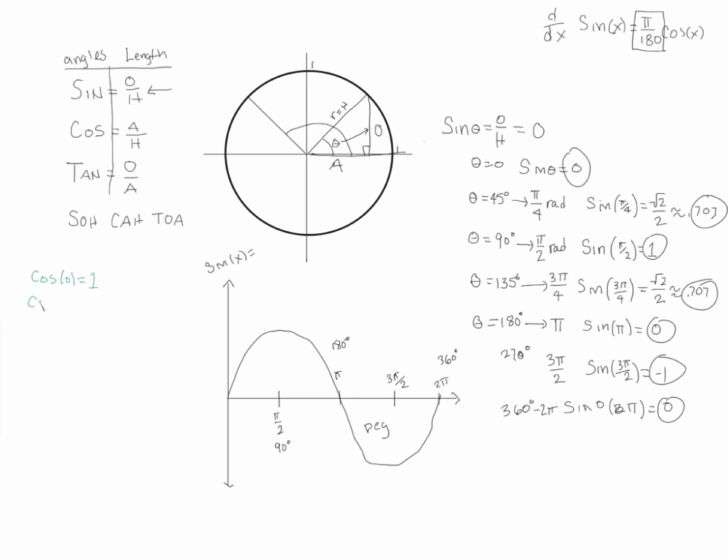And the cosine of pi over 2 actually goes to 0. Cosine of pi becomes -1. And so on.